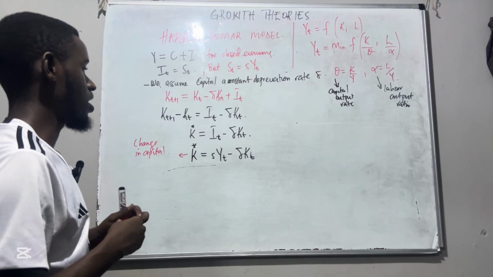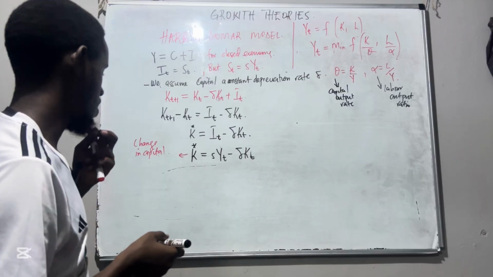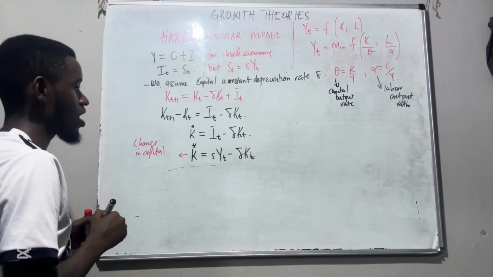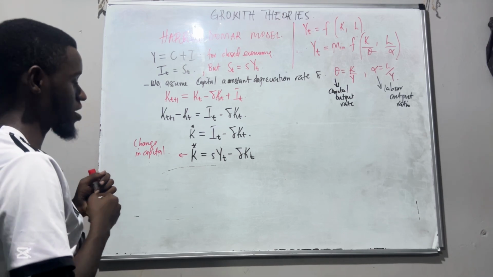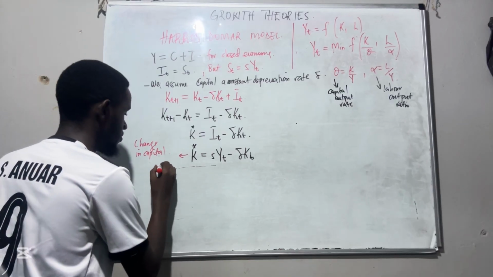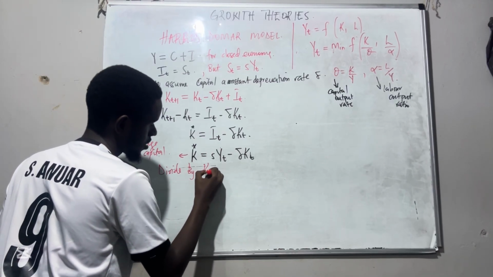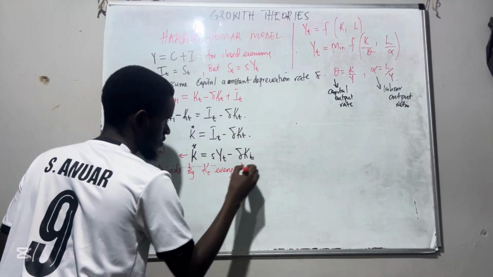If I divide everywhere by kt, what will I have?